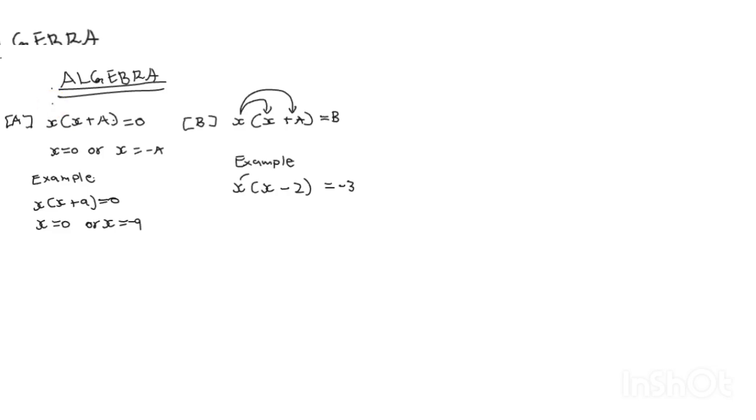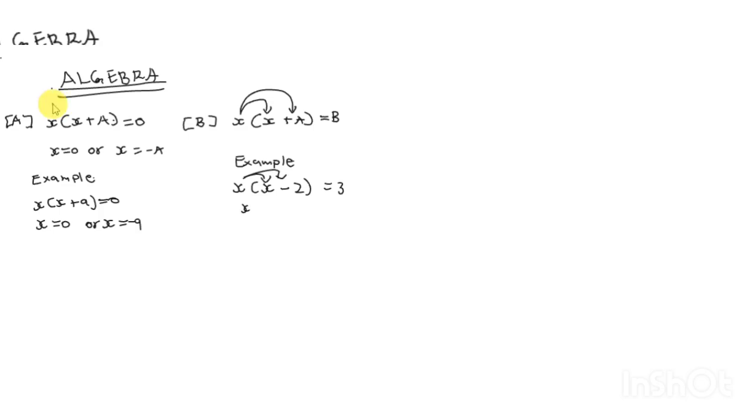So here you are required to multiply the x inside. Why are you required to multiply the x inside? Because this is equal to a number, not equal to 0. You can even make it a positive 3. Let us make it a positive 3. And then you multiply inside.